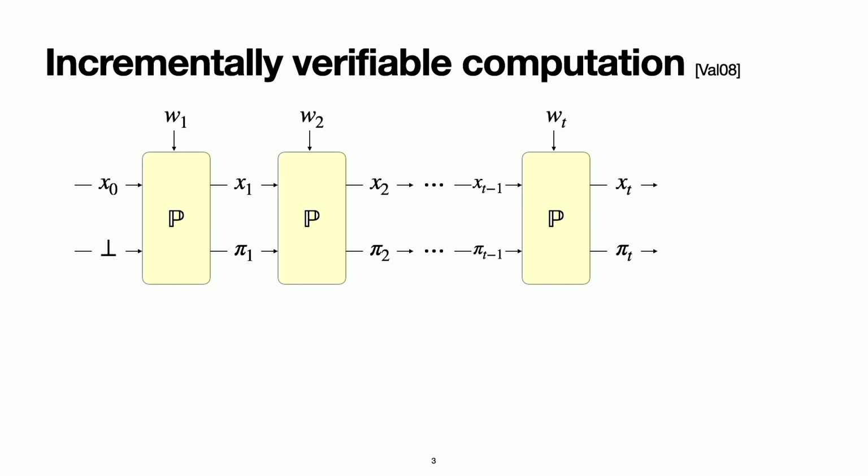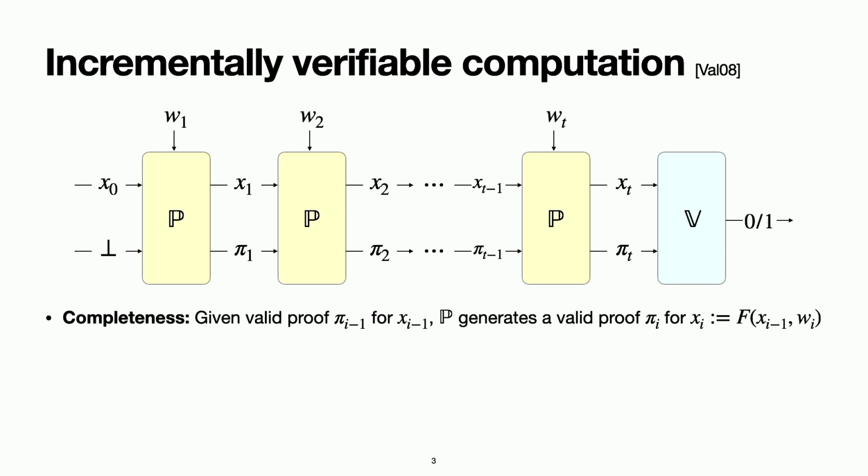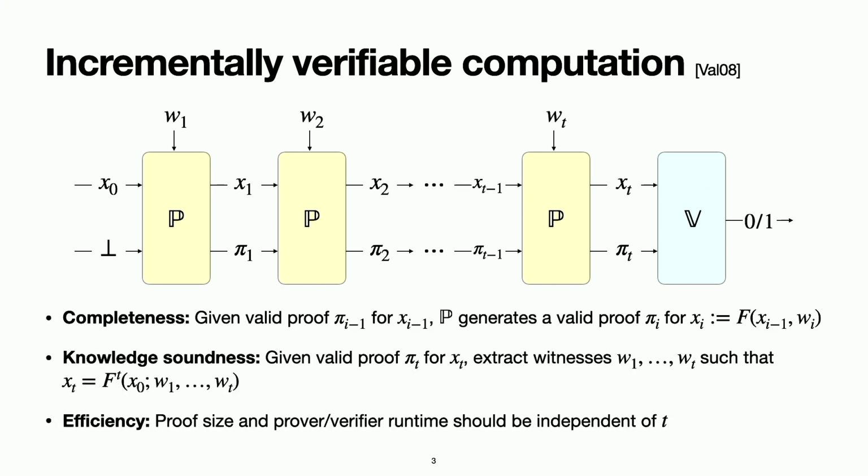The idea is that at any point in time, I can take the current computation state, xi, and the current proof, and update it without having to remember the entire history. And at the end, there's some verifier that accepts it, but even at this point, I could continue the computation. So you can stop the computation at any time and check that it was done correctly. And the goal is that the proof size, and the prover and runner time, should be entirely independent of the length of the computation.